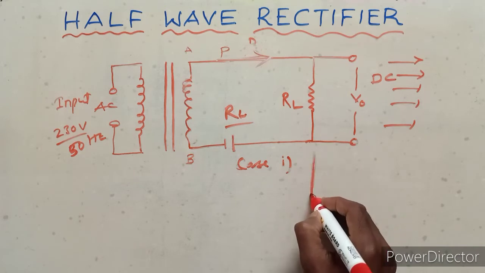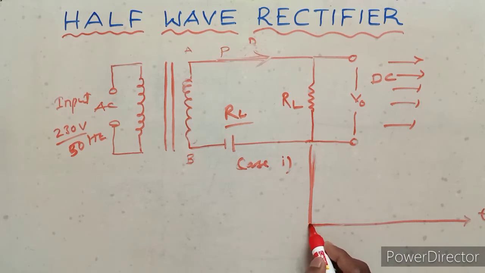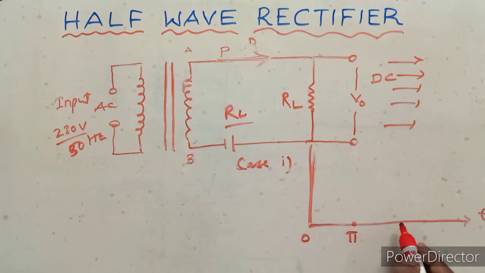This is the voltage, maximum voltage. This is the time curve, current. Okay. So first of all, this is 0, pi, 2 pi, 3 pi. Okay.